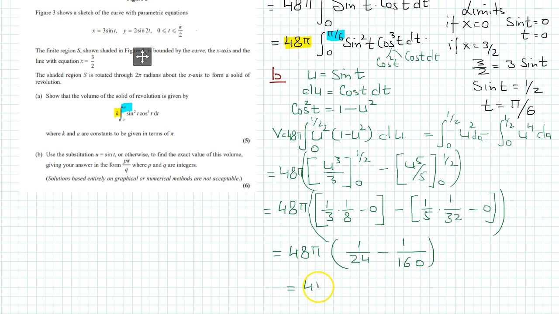So this is 48 pi multiplied by 17 over 480. 48 is cancelled, so it is 17 pi over 10. That is P pi over Q. So this is the value of P and this is the value of Q. Make sure you mention in your answer that these are the values.